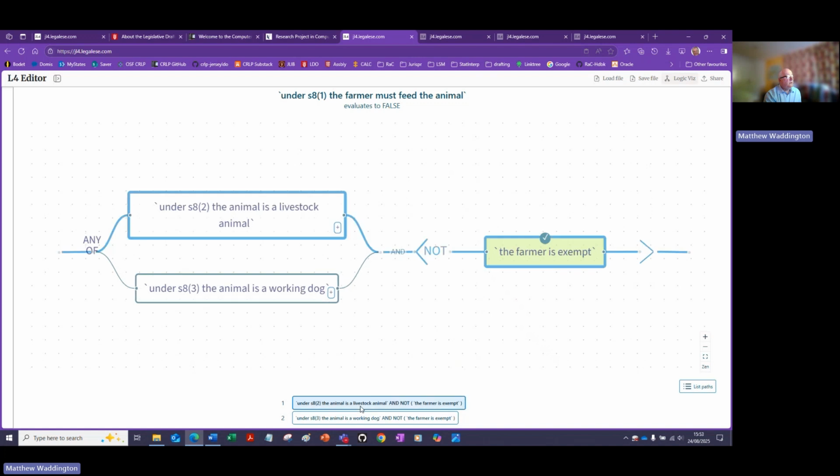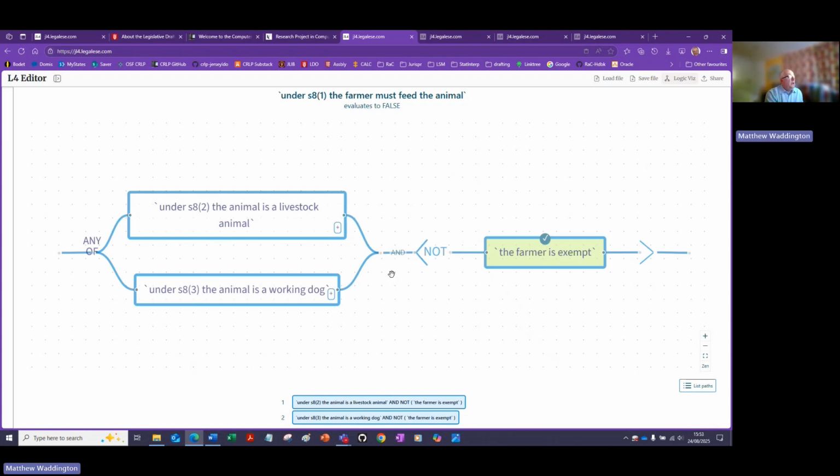One is under section 8.2, the animal's a livestock animal and it's not true that the farmer's exempt. The other one is under section 8.3, the animal's a working dog and it's not true that the farmer's exempt. So that is essentially how we can represent that kind of relationship between those provisions.